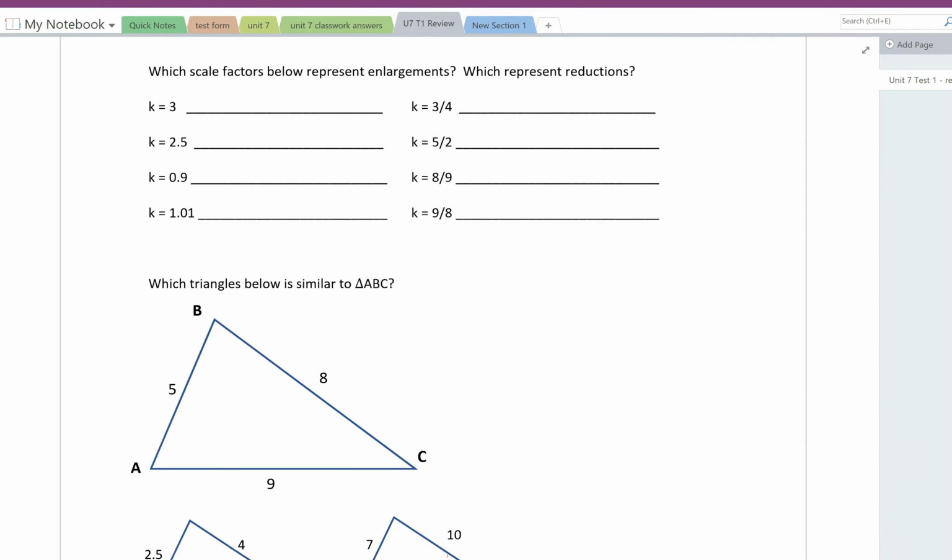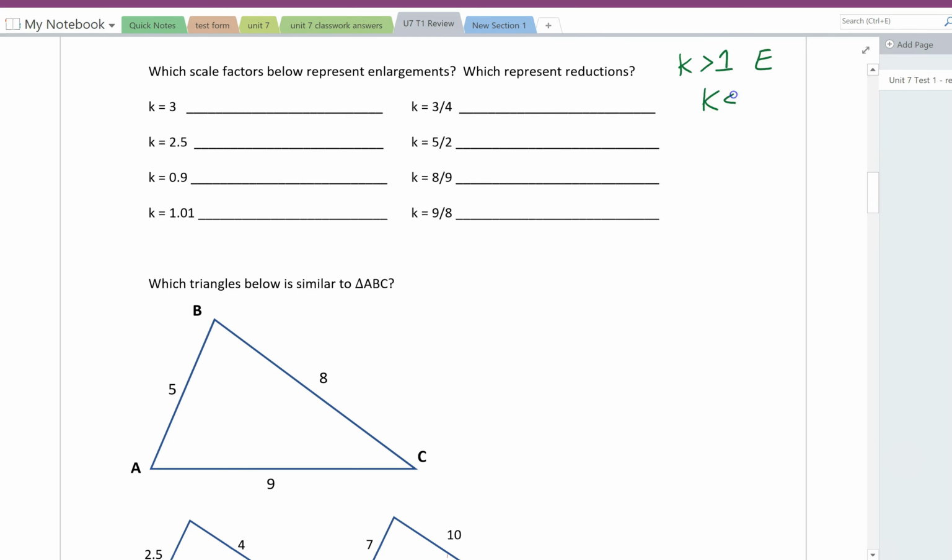What these problems are asking, these first 8 problems, is if this number right here, 3, is my scale factor, is this going to result in enlargement or reduction? So all I'm doing here, if you want to make a little cheat sheet, is if k is greater than 1, you're going to have an enlargement.